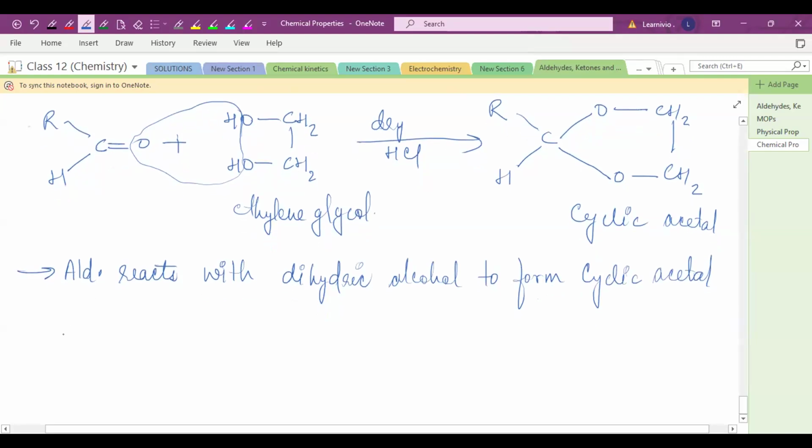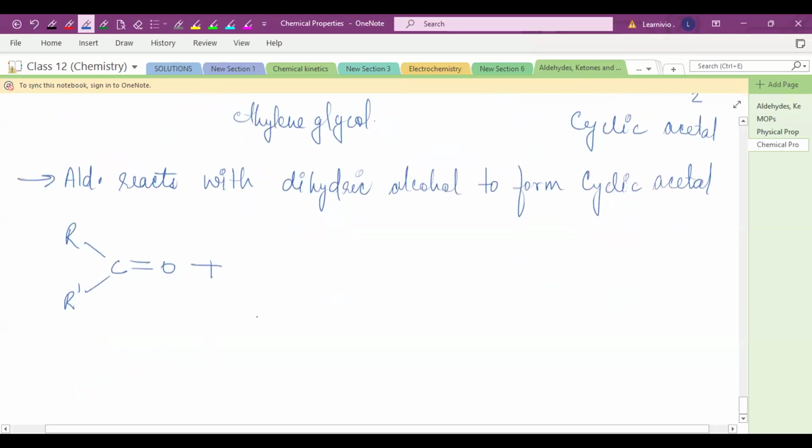Similar example, you can take it for the acetone or ketone. Suppose this is R, C, R dash, oxygen. Again, we are just treating this ketone with the ethylene glycol. Same procedure will be there. Okay, this is ethylene glycol.